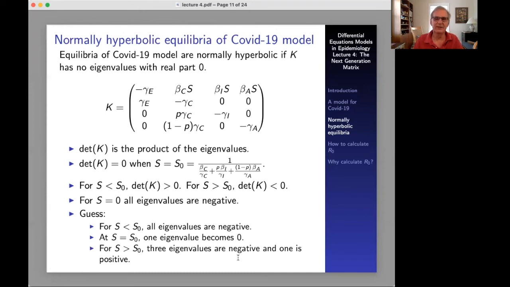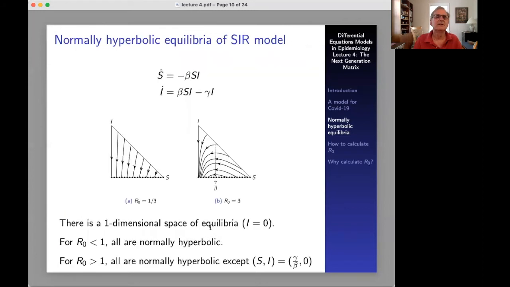So this one positive eigenvalue would be plenty to allow epidemics to start. Kind of like this picture here. Assuming that transition point S0 was small enough to be in the set we're interested in, what we're finding is that for S to the left of it, epidemics would die out. For S to the right of it, epidemics could start.